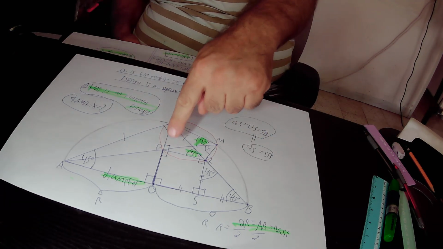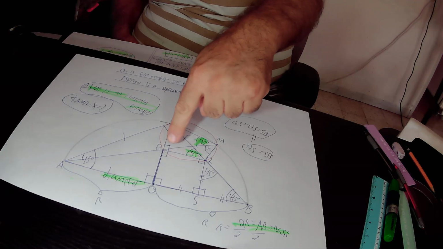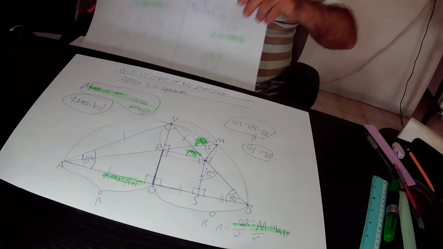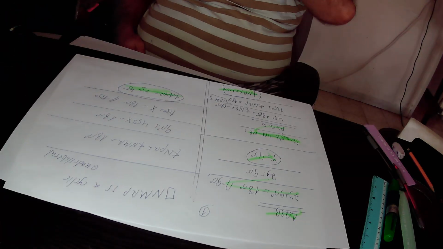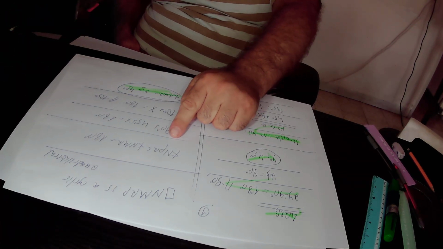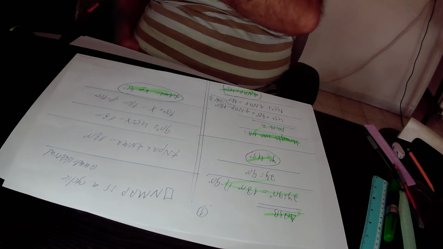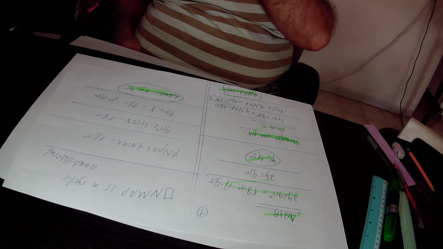This is angle NPM, and this is angle NPQ, that is the right angle, and this is angle NMQ. So in quadrangle NMQP, angle NPQ plus the opposite angle NMQ in total must be equal to 180 degrees.